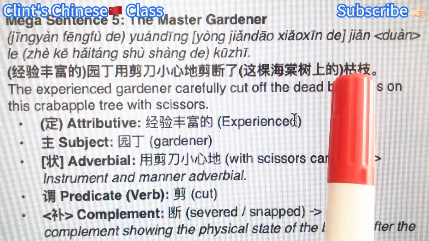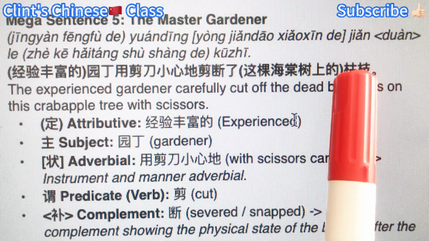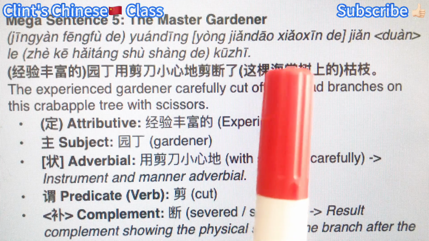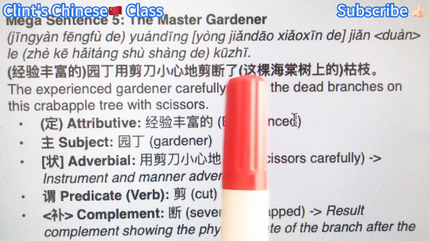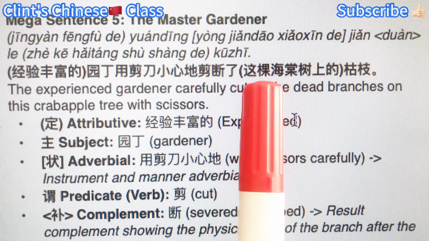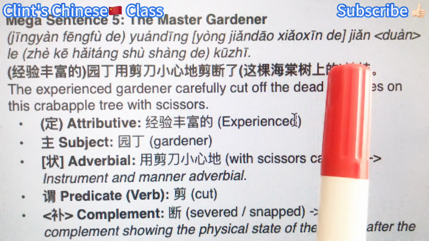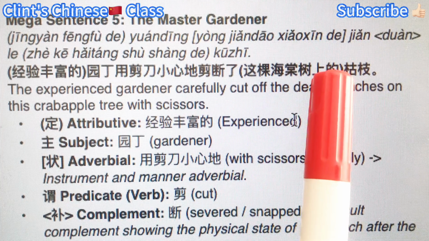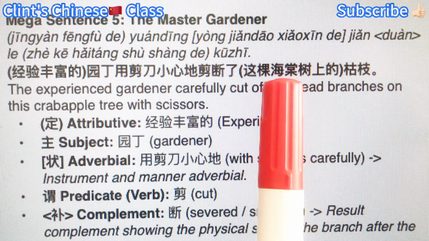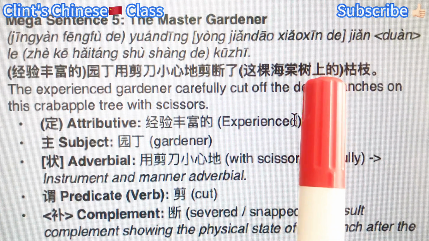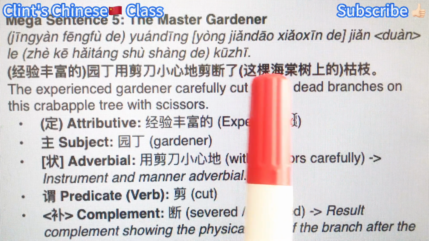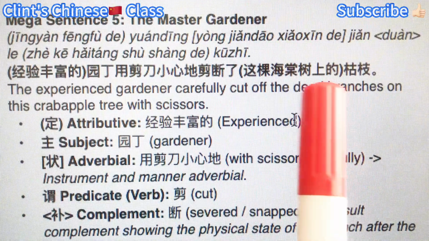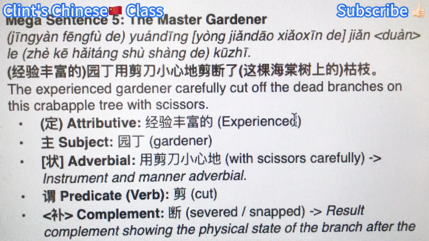And then for the object dead branches, we can modify that with an attributive, which is usually a long adjective phrase, right? 这棵, like this one. 棵 is a measure word for the tree. 海棠树上的, like this crabapple tree top. So this long adjective phrase is modifying the object. Therefore, it is called attributive.